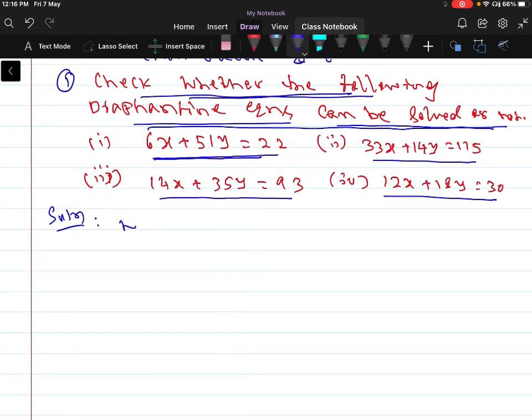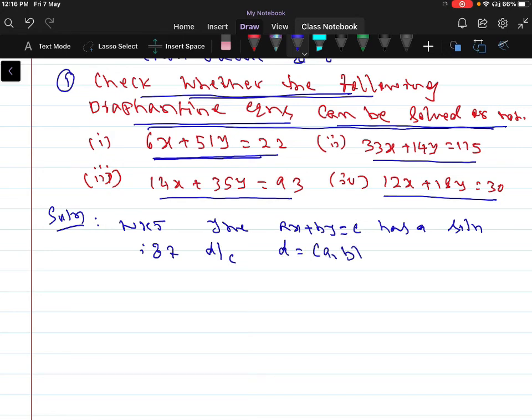We know that the Diophantine equation ax plus by is equal to c has a solution if and only if d divides c, where d is the GCD of a comma b.